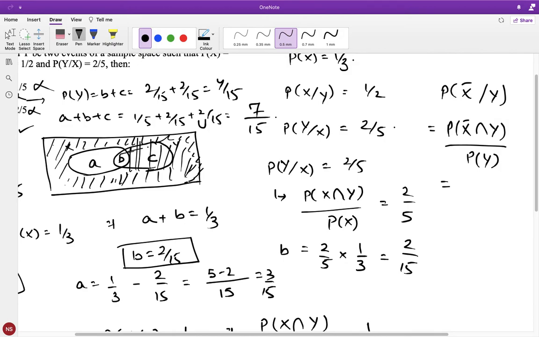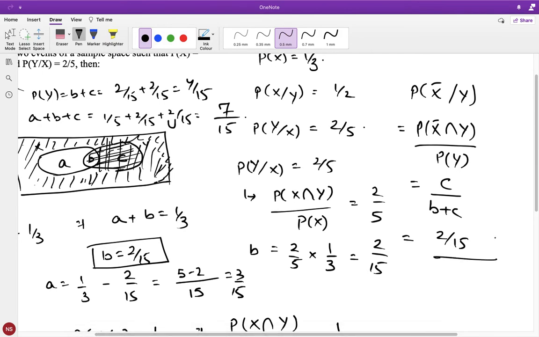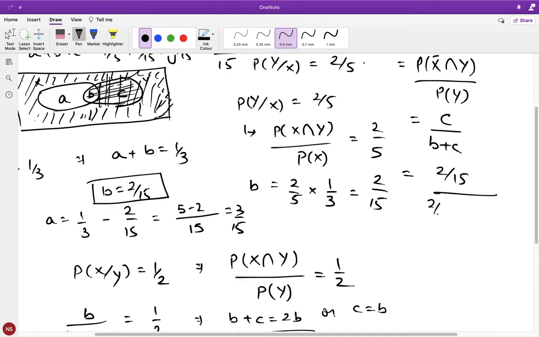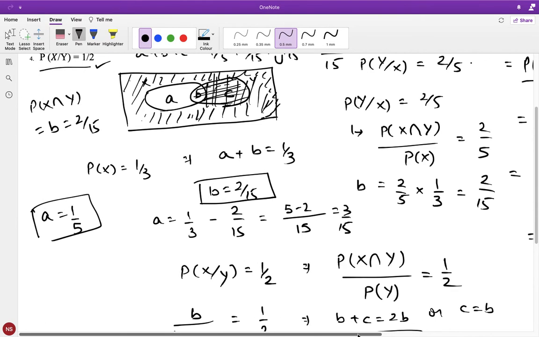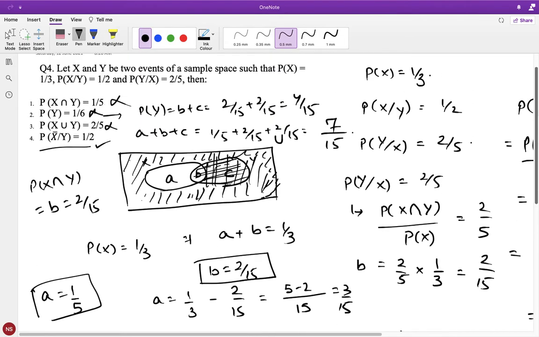This area, B and C. What is the common area? C. So this is equal to C. And what is the probability of Y? B plus C. They are both equal to 2 by 15. So 2 by 15 divided by 4 by 15, which is equal to half. And it is given to us as half, right? So option D is correct.